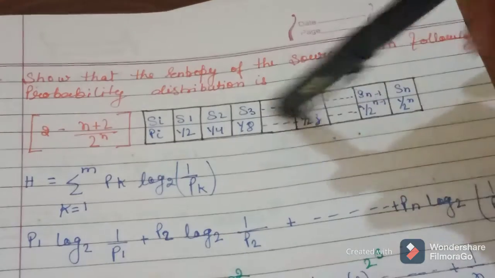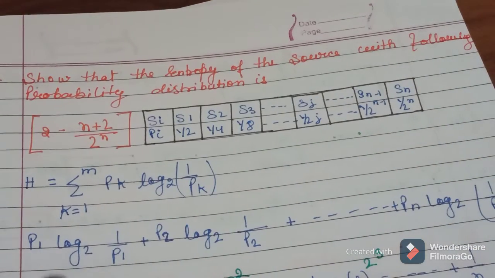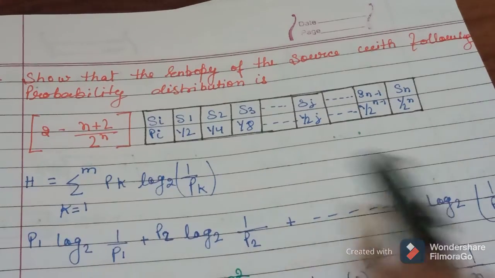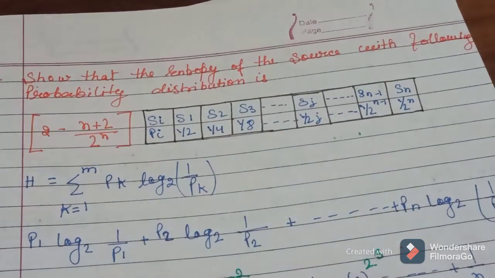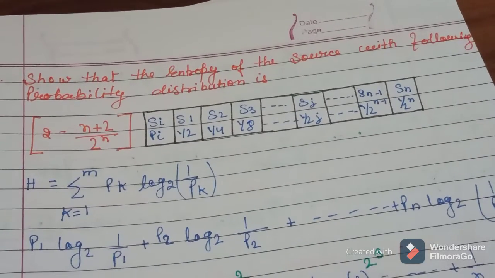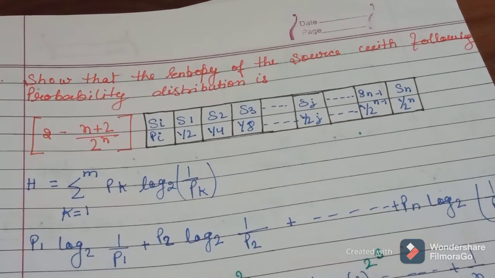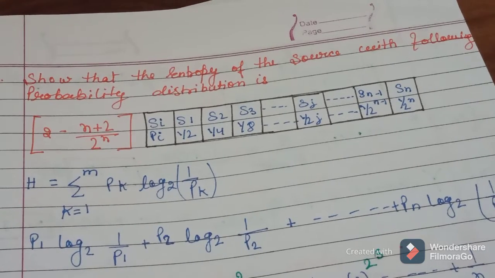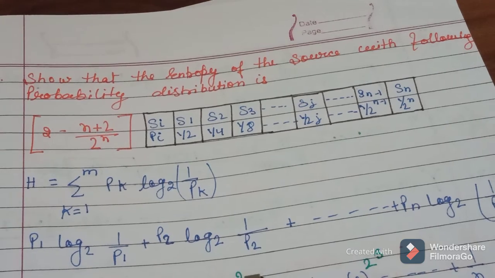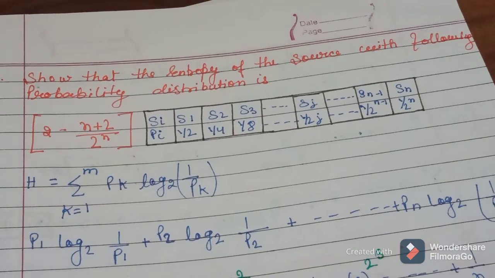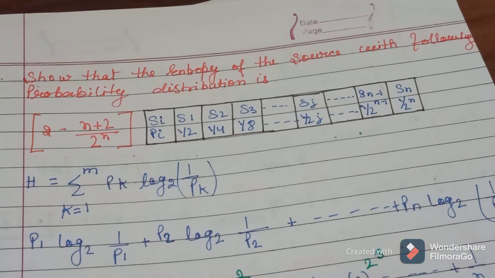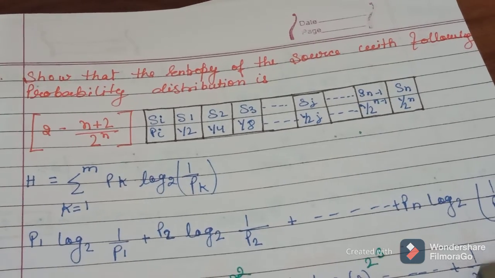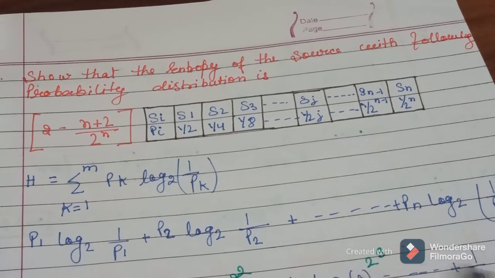So in our formula we have 1/2 log2 2, 1/4 log2 4, where 4 is 2 squared, 1/8 log2 8, where 8 is 2 cubed, and finally 1/2^n log2 2^n.